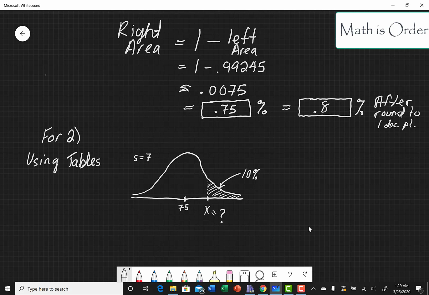And just like before, there's a relationship relating all of those quantities, and that is that z equals x minus x bar over s. If you do some algebra on this, you'll see that it can be solved for x to give us x equals x bar plus zs, right?